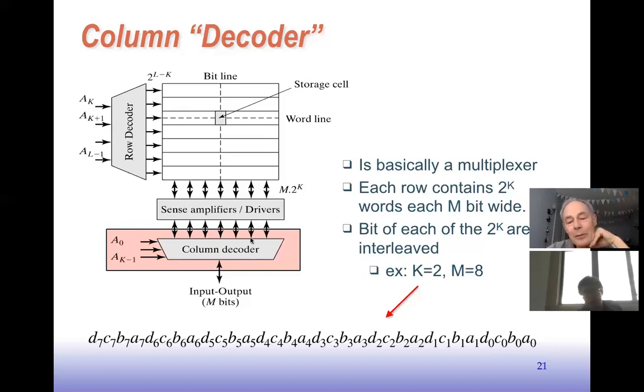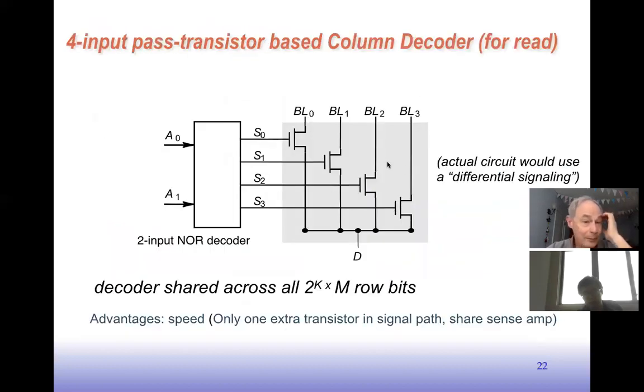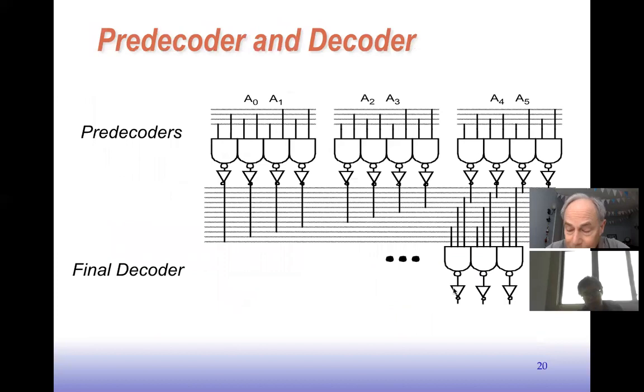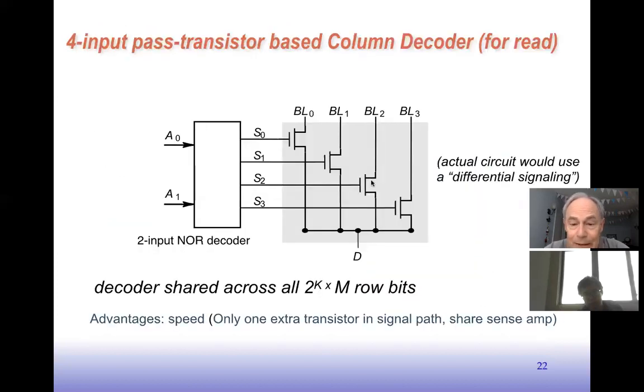This makes the circuitry on the bottom simpler, because once we have those distributed in this fashion, we can build this type of structure. Here, in my example, we had four words, and this can be repeated across the array as many times as there are bits in the word.